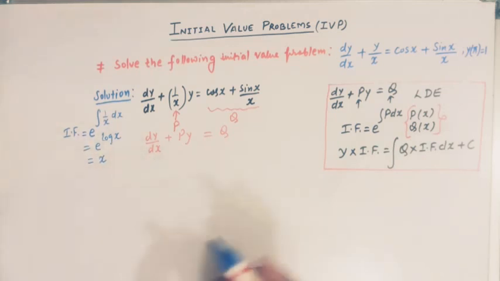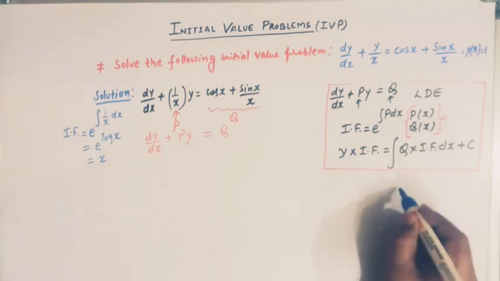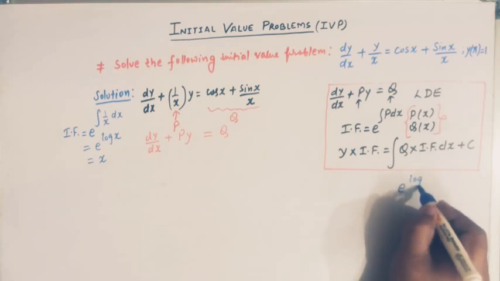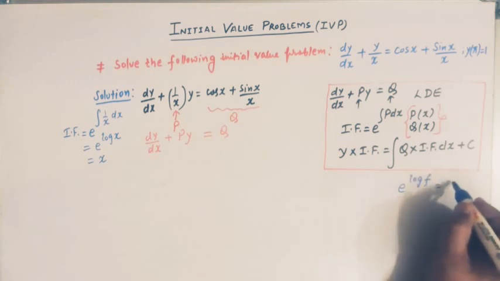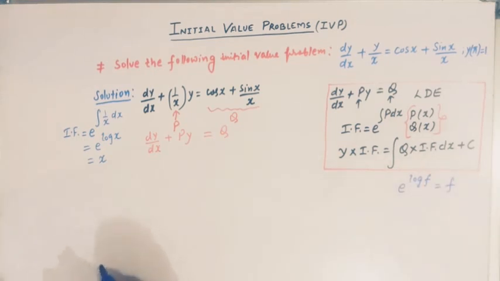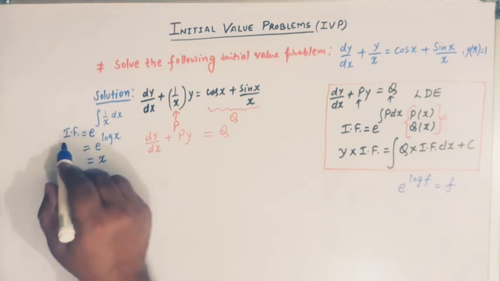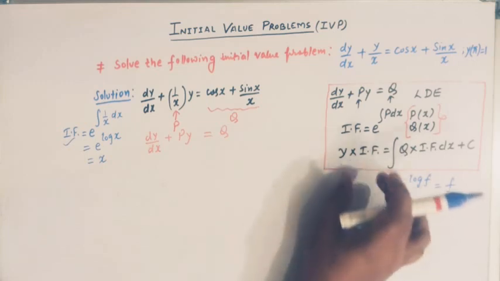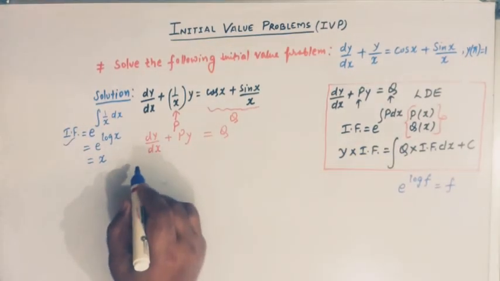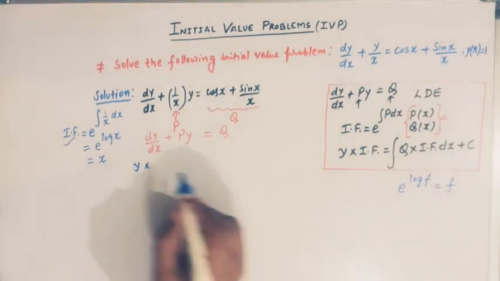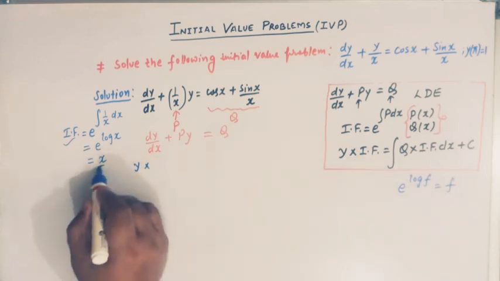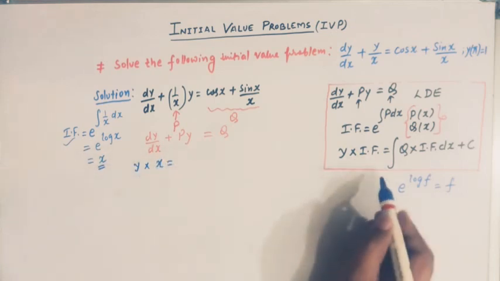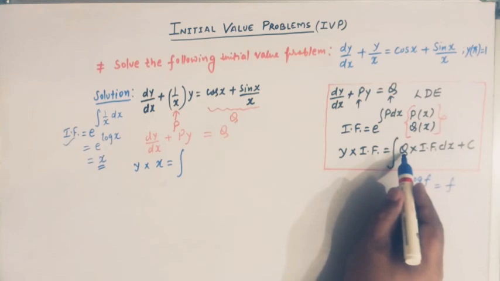So here we have used the result that e raised to log of f is equal to f, right? Okay. So once we have obtained the value of the integrating factor, we can write the solution of this differential equation as y times the integrating factor, which is x, equals the integral of q.